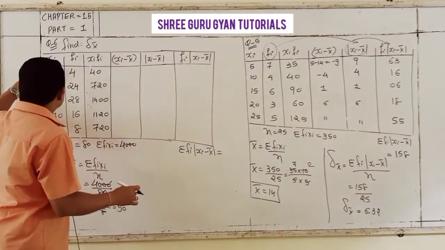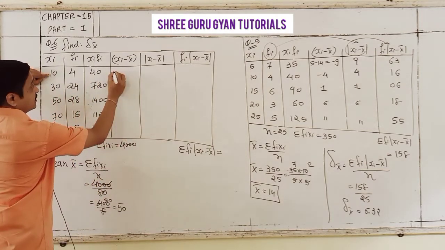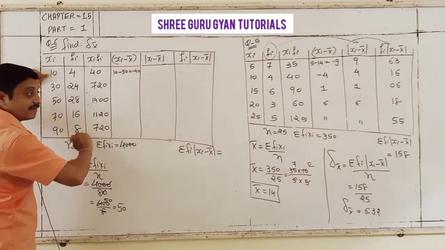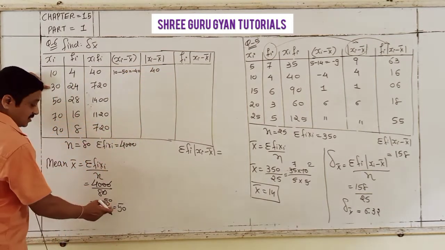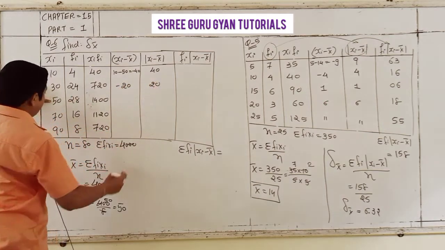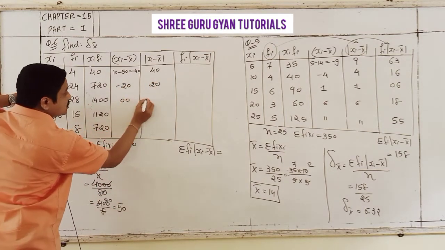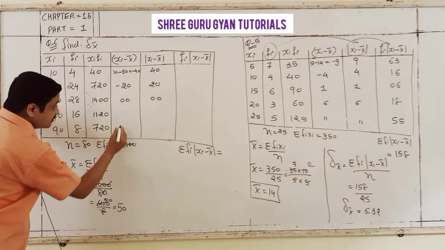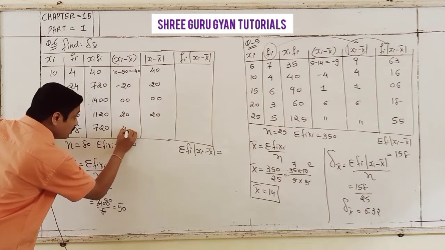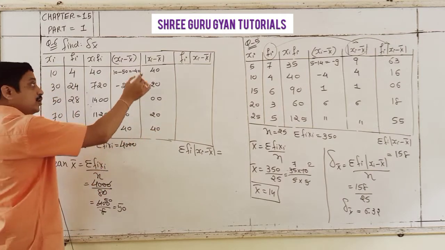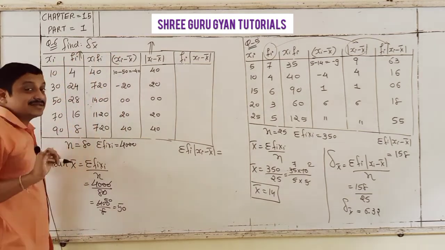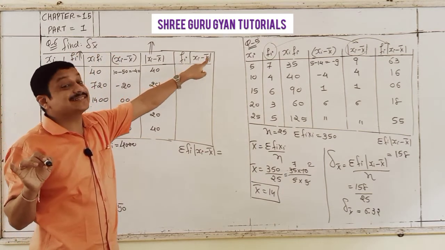So here xi is 10 minus 50, which is minus 40, so its modulus is 40; 30 minus 50 is minus 20, so it is 20; 50 minus 50 is 0; 70 minus 50 is 20; and 90 minus 50 is 40. We multiply this with fi, students, then you will get fi times modulus of xi minus x bar.